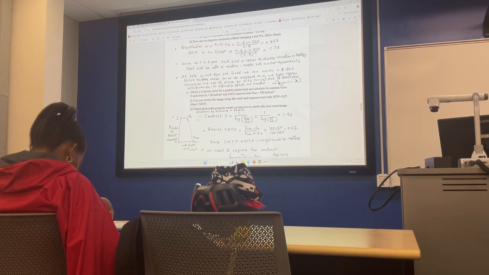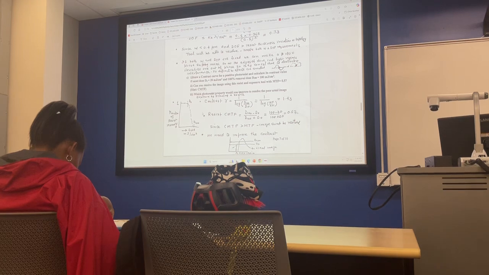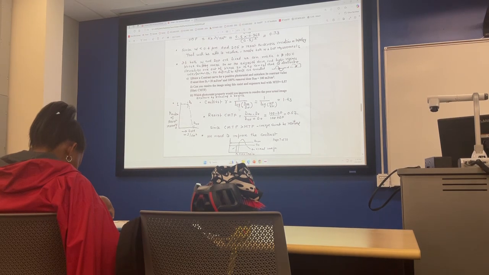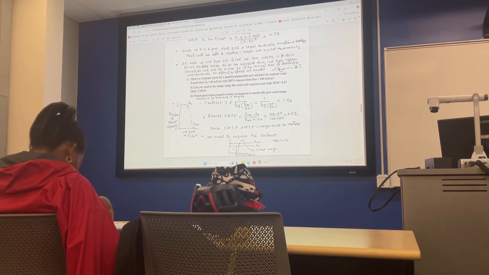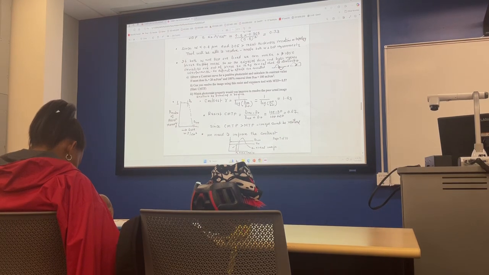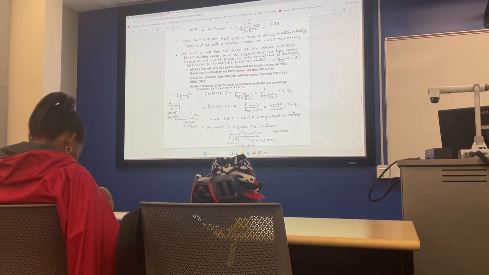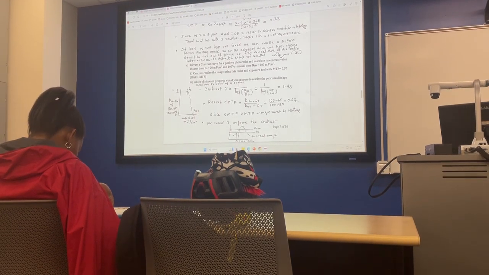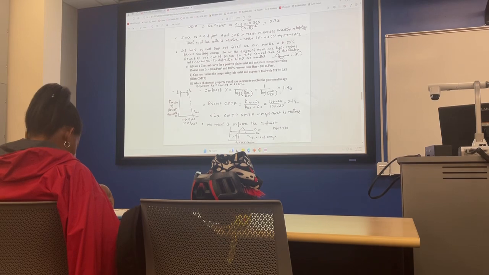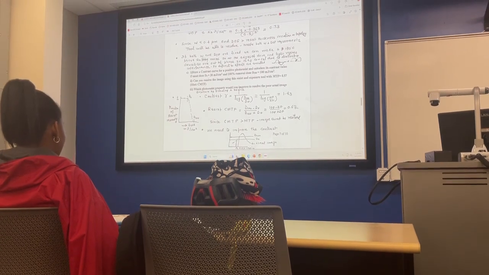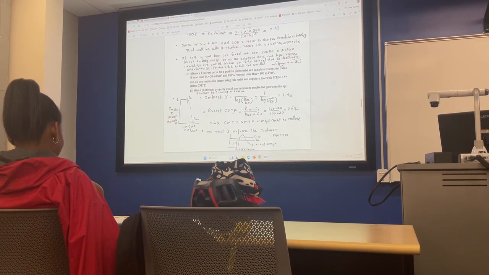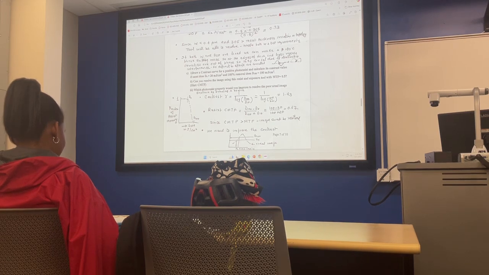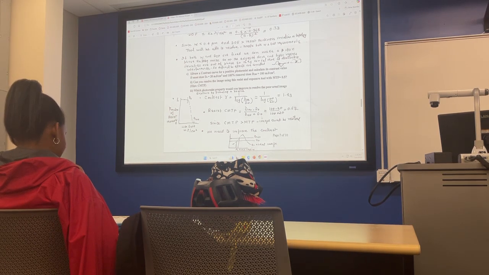The second to last question, most of you got all right. I gave you D100 and D0 and asked you to calculate the gamma, so it calculates its contrast value. Then the next is to calculate the CMTF. Again, these two things are needed, and the formula was there for you.